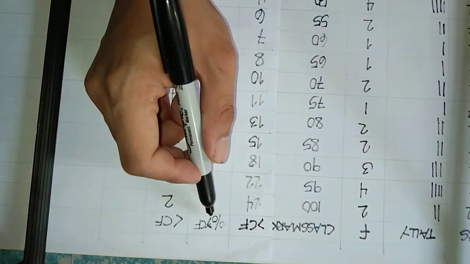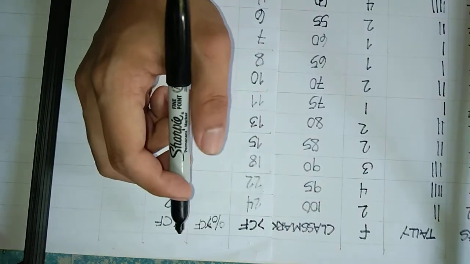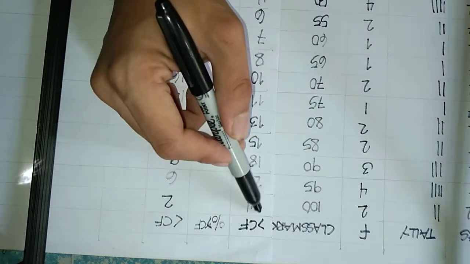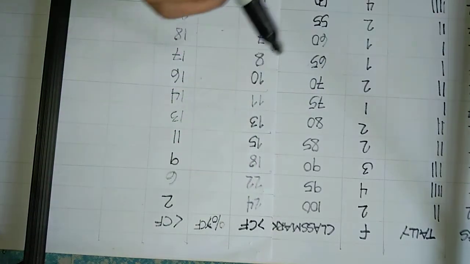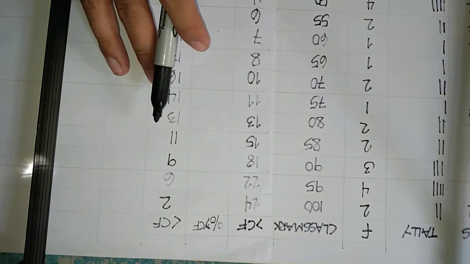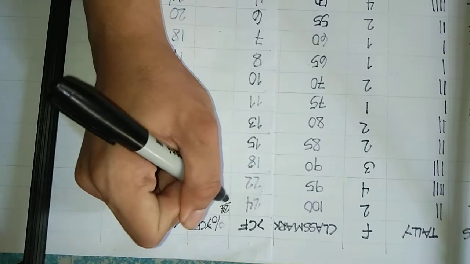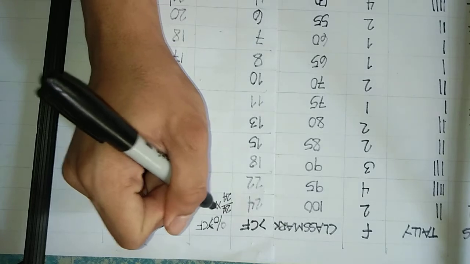Okay, dito naman sa percentage less than cumulative frequency, what we're going to do is yung ating nakuhang less than cumulative frequency, which is 24, will be divided sa total number of frequency, which is 24. So ang formula dito is 24 divide 24 times 100%.